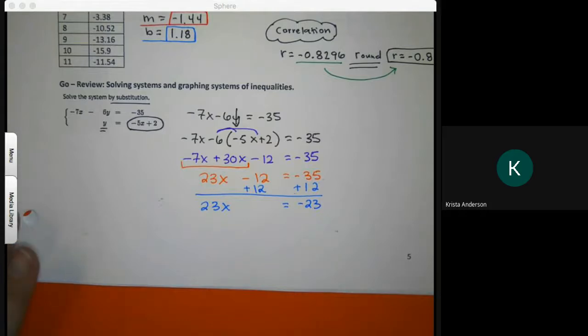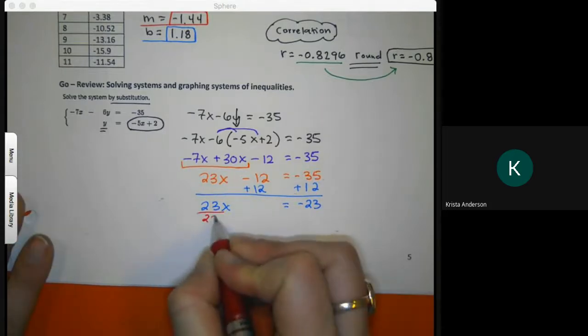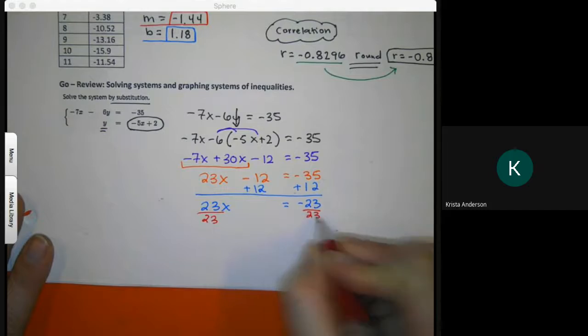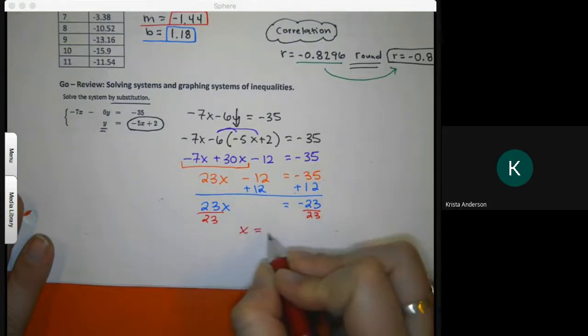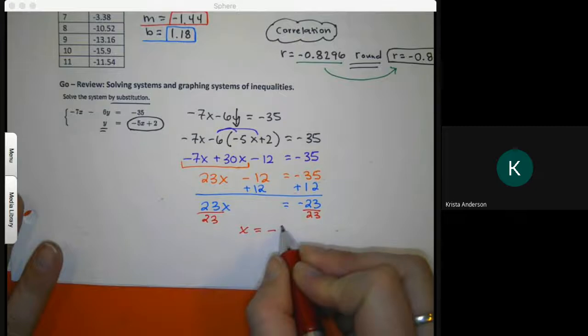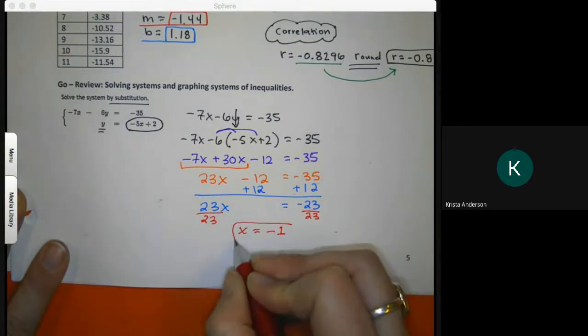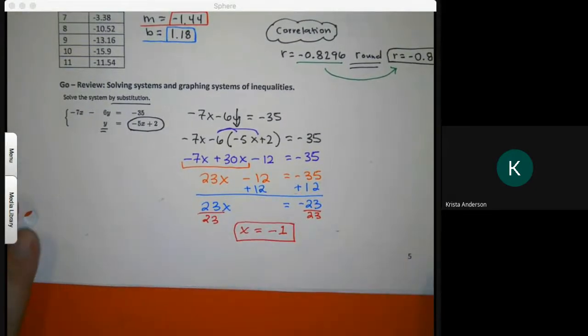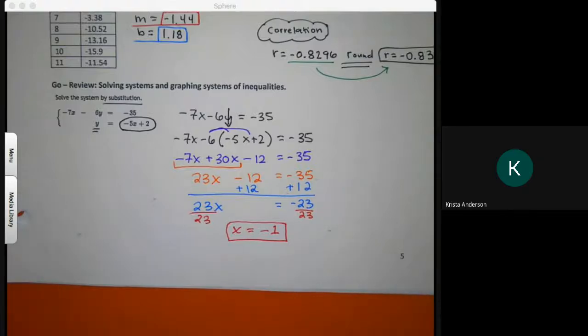And what happens when I divide by 23? What would the answer be for x? Double check. Negative 1. Why is it negative 1? Because it's a negative number. Negative 23 divided by 23 would leave it as a negative 1.